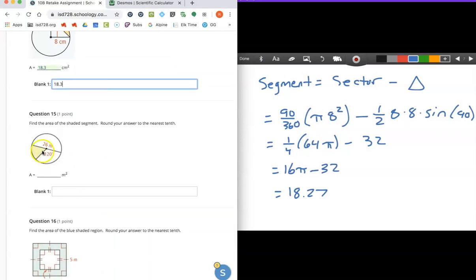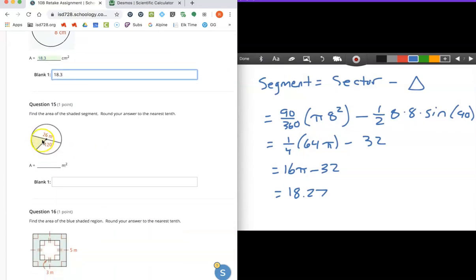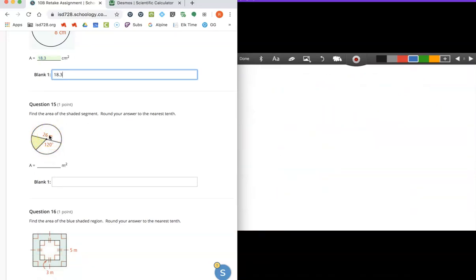Now we're back to sector again. For this one, again, we got to be careful because they've given us the diameter. So we got to know that the radius is 13. Otherwise, we end up with the wrong answer. So they try to trick us in two ways. The other way is, this is 120. The shaded part is then 60 because we have a semicircle again. So that's the first thing they try to mess you up on. Then it's times pi r squared. Well, r is not 26.